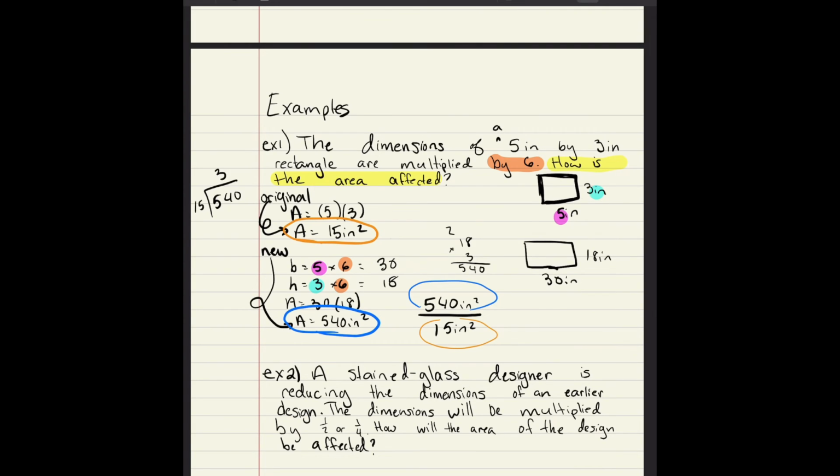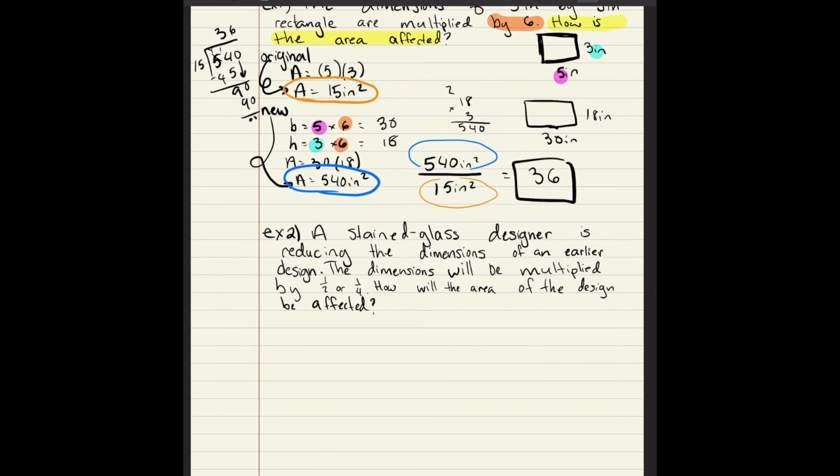So then I have 540 divided by 15. So the area was affected by 36. So the area was multiplied by 36. And that's my answer.